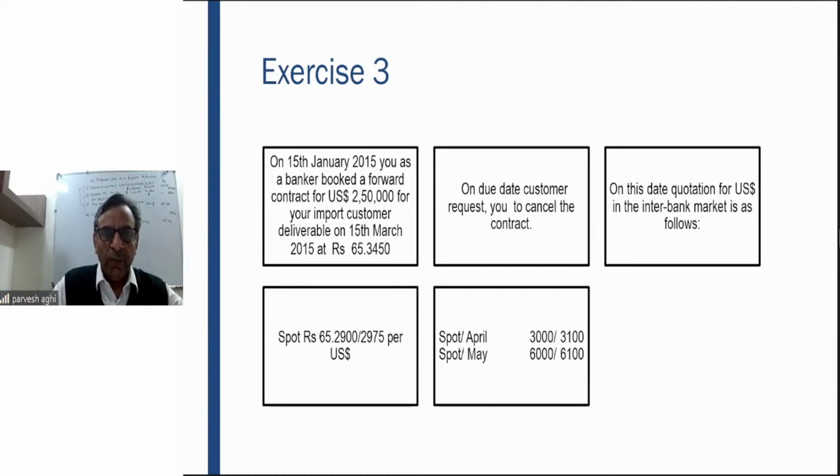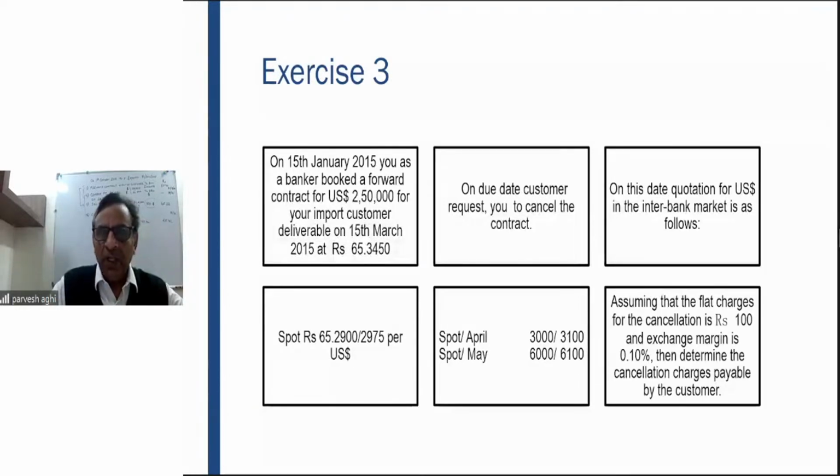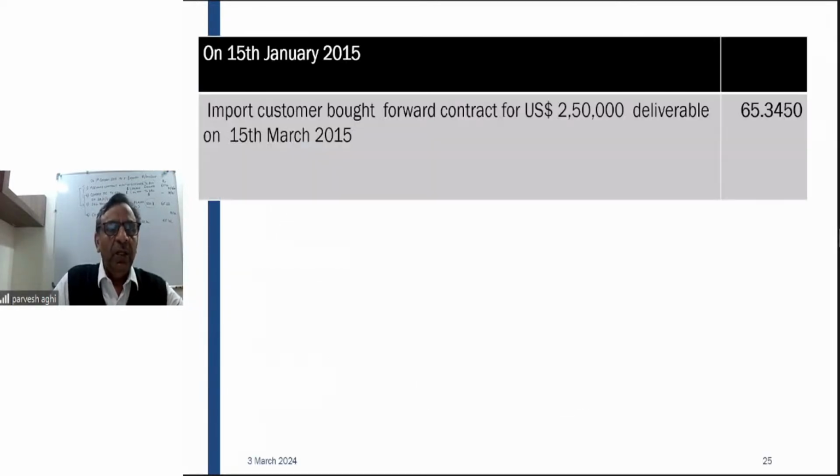There are some forward rates for April and May also given, which we are not going to use at all, because on the due date only the cancellation is happening. The spot rate will be applicable here for cancelling. Assuming that the flat charges for cancellation is rupees 100 and exchange margin is 0.10%, determine the cancellation charges payable by the customer.